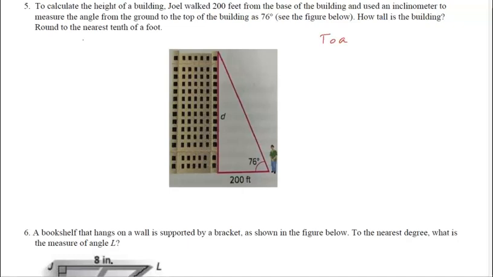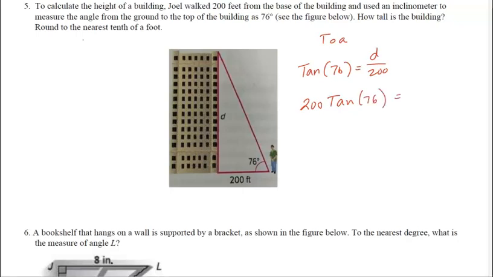Tangent is opposite over adjacent. So I'm going to use the tangent function for 76 degrees, and then I'm going to make the ratio opposite over adjacent. And then to solve for D, I'm going to multiply by 200 on both sides.